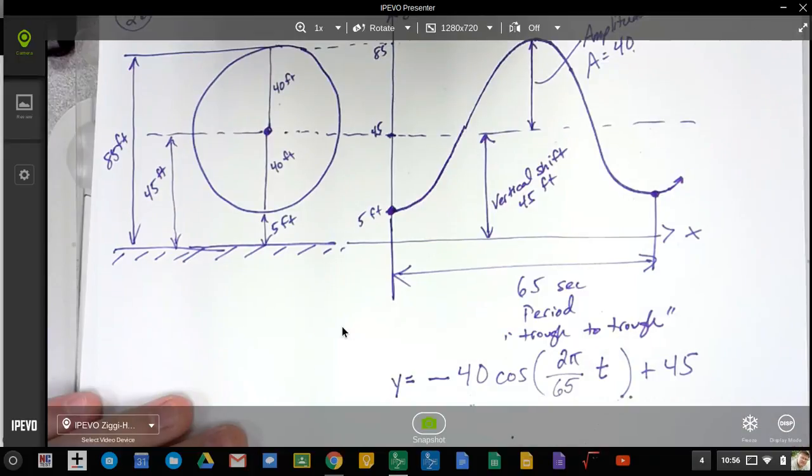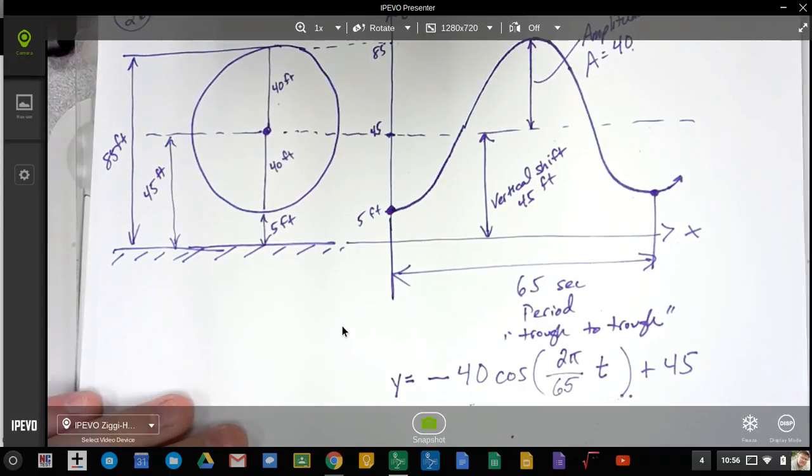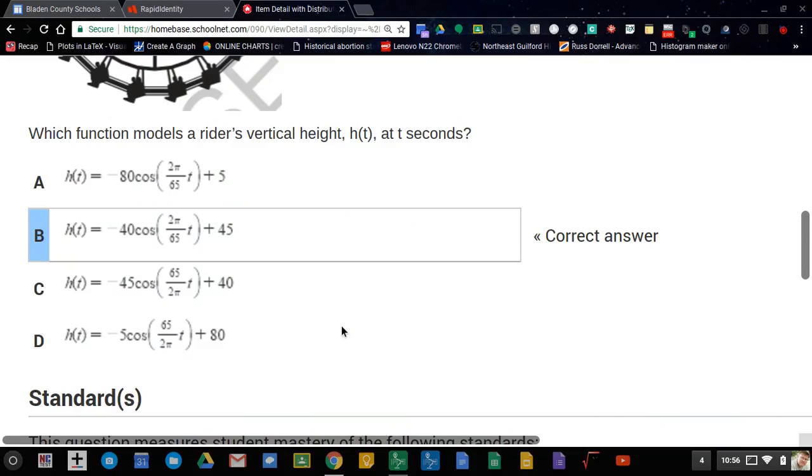That way when I hit 65, I'm doing cosine 2 pi, and that finishes the cycle. Okay? Y'all see that? So there is your complete function. And that's just taken from drawing out what's happening.